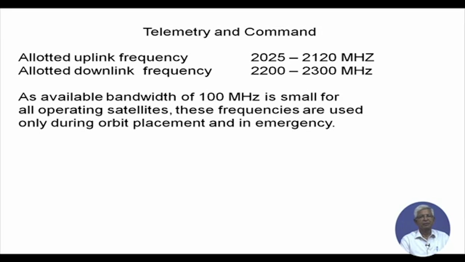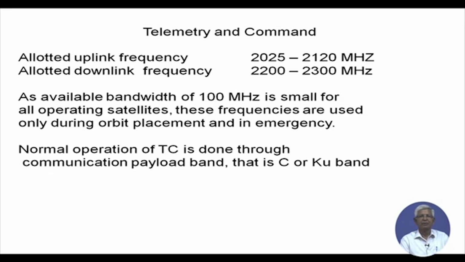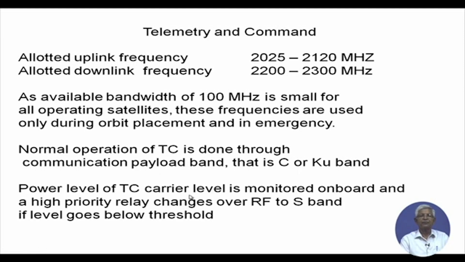Normally telemetry and telecommand is done through the communication channel, which is generally in C band, Ku band or Ka band, that is, through the communication payload band. Telemetry and telecommand are sometimes emergency type of thing.